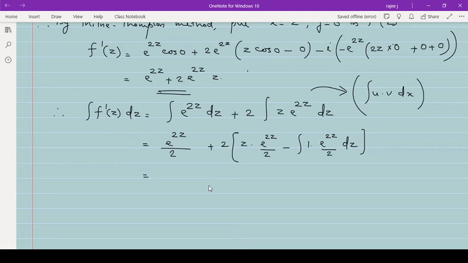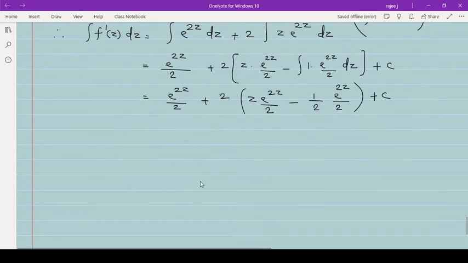So this is equal to e raised to 2z divided by 2 plus 2 into z e raised to 2z upon 2, minus 2 and z, be careful while writing, minus this 1 by 2 I took outside, then into here e raised to 2z, integral of e raised to 2z is again e raised to 2z divided by 2, okay, plus c.